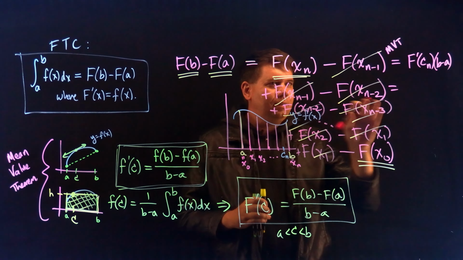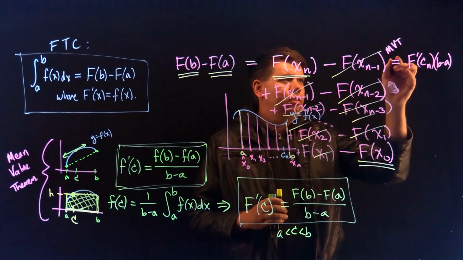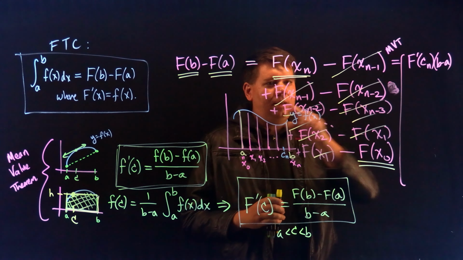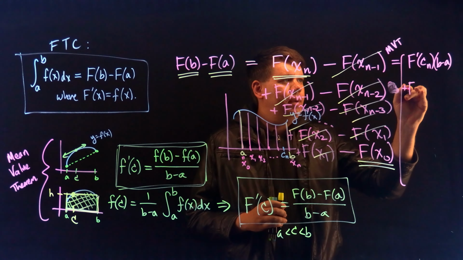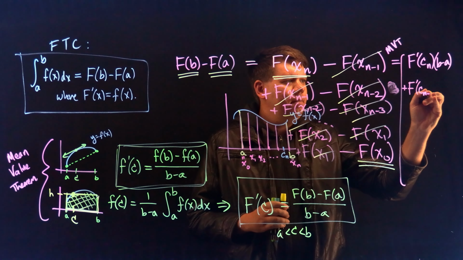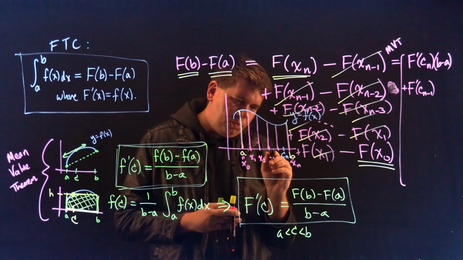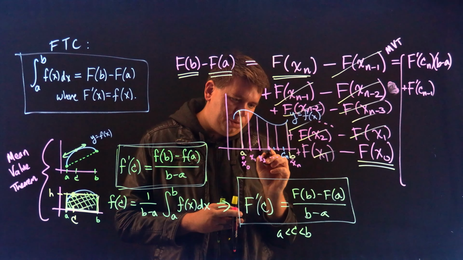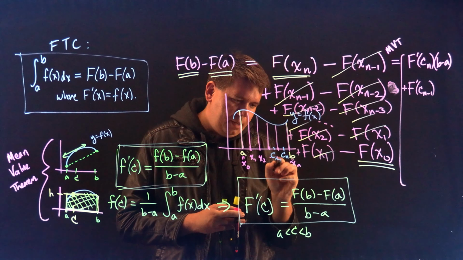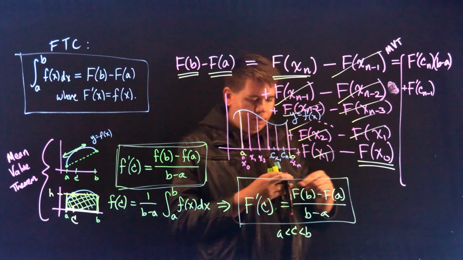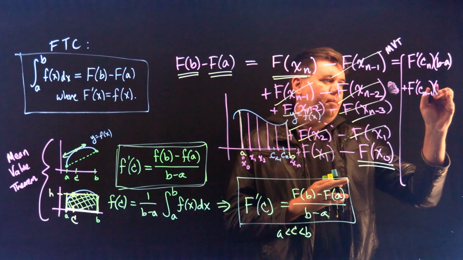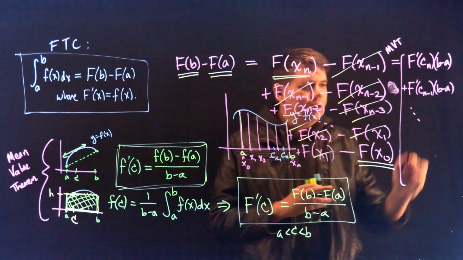And then this next line right here is the same thing as big F prime of Cn minus 1, where that's just going to be some number between these two, times b minus a. And so forth and so on.